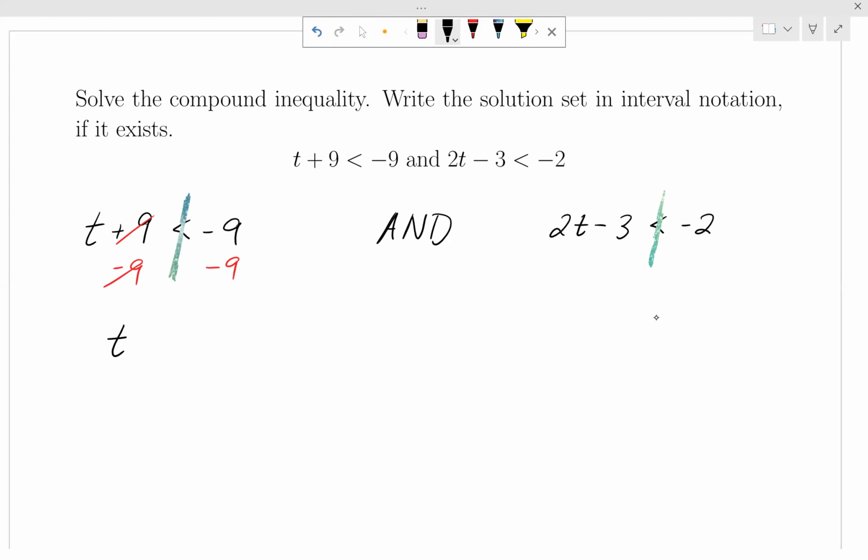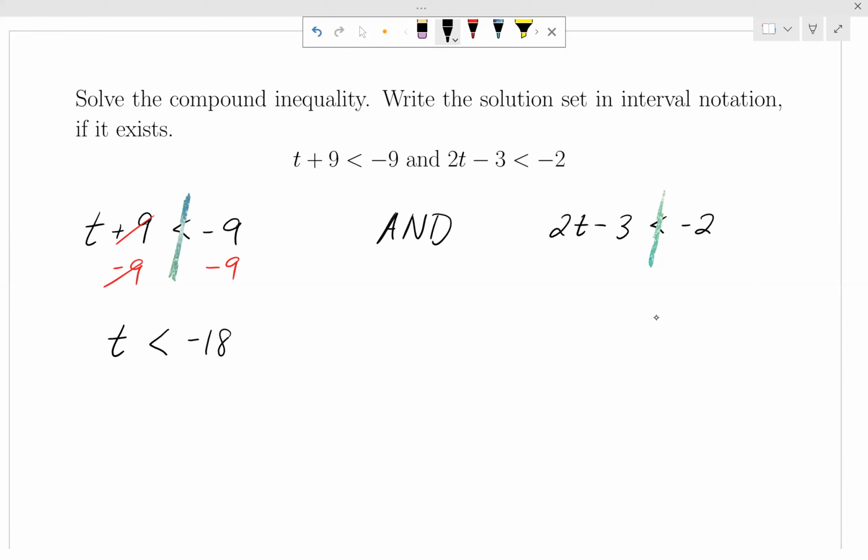So I get t is less than negative 18. I keep the same order for my inequality here. It's still less than because I didn't multiply or divide by a negative. If I multiply or divide by a negative, I have to flip my sign. But because right here, all we did was add negative 9 to both sides, we didn't have to worry about switching our sign or anything.